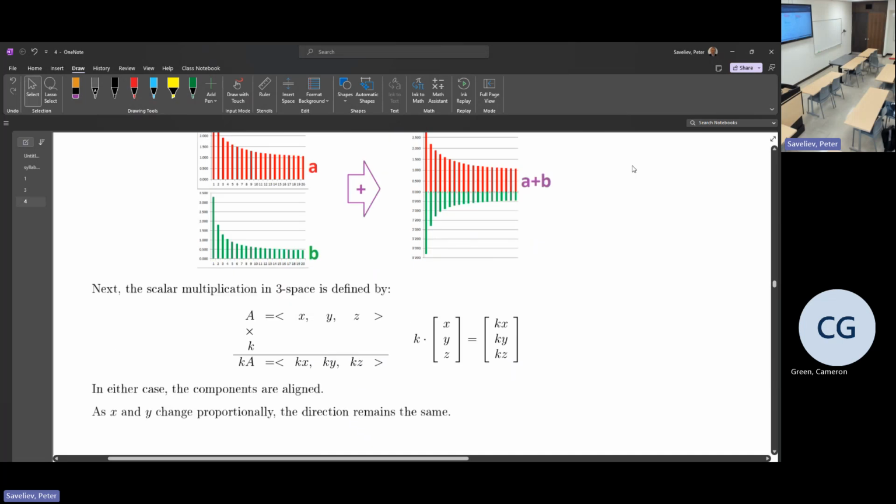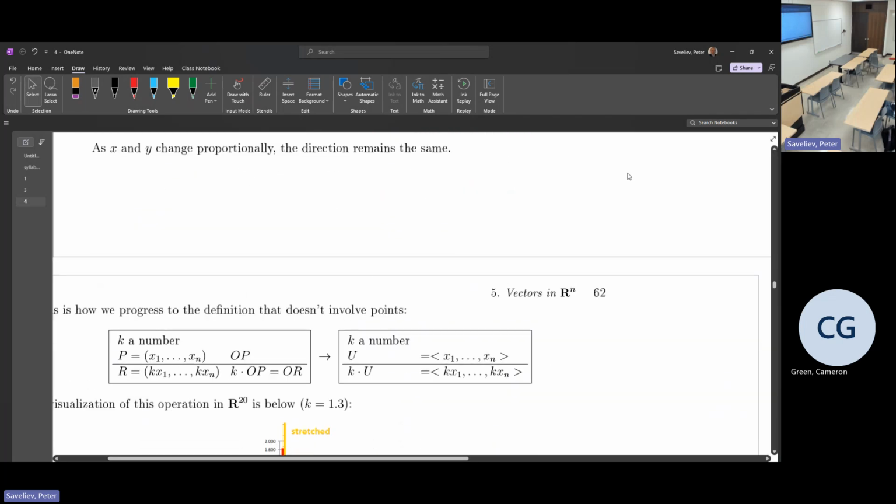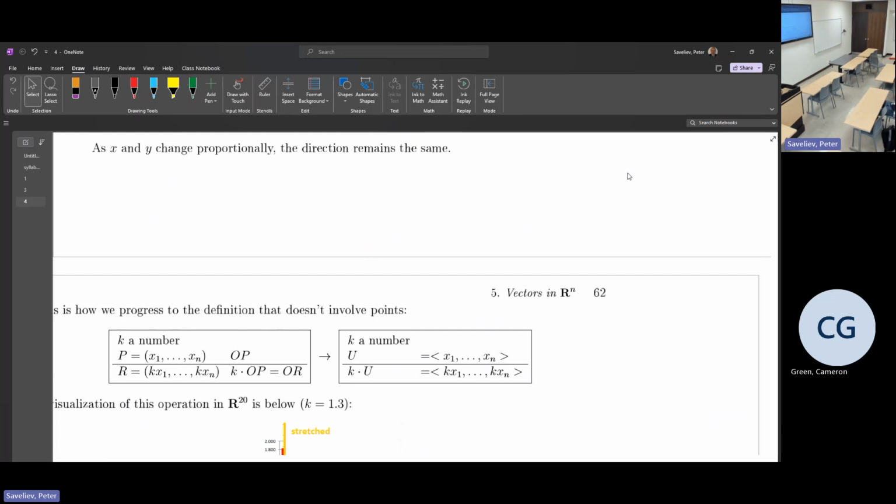So scalar multiplication, the second operation, is once again component wise. There is nothing to align anymore, but nonetheless you're going along the components. Each component is multiplied by that number. Either you go vertically or horizontally, it makes absolutely no difference. Once again, we abandon the points as we're moving on to pure vector algebra.